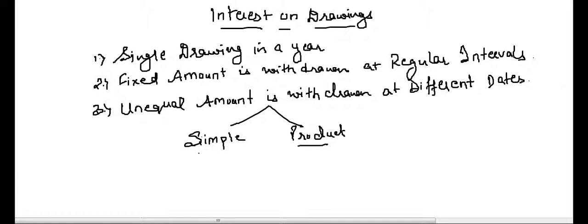Now I'll take an example to show you how we'll be calculating the interest under these two methods. Say there is a partner X. He is withdrawing money on the following dates. On 1st May 2016, 2,000.